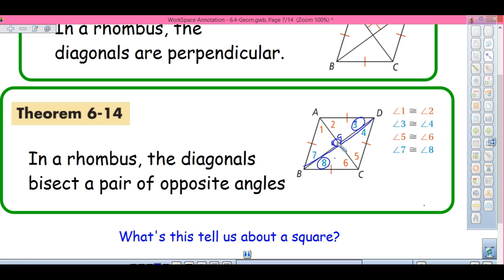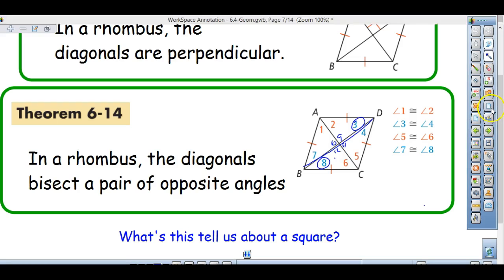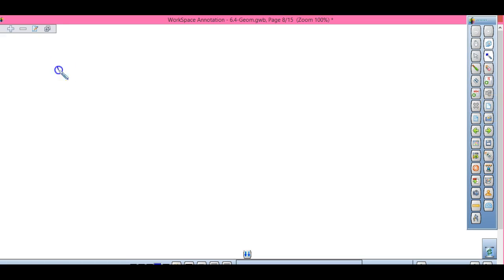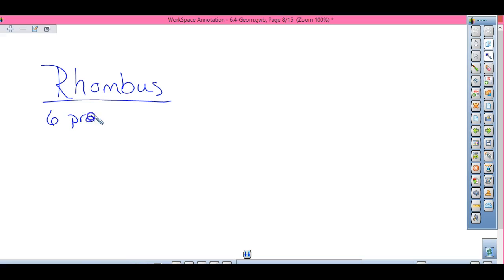If I number these 9, 10, 11, and 12, what are 9, 10, 11, and 12? Well, they're vertical angles, but what did we just learn above this? They're perpendicular, so 9, 10, 11, and 12, what are my angle measures? 90 degrees, yep. So to tell if something is a rhombus, you have 6 properties of a parallelogram.